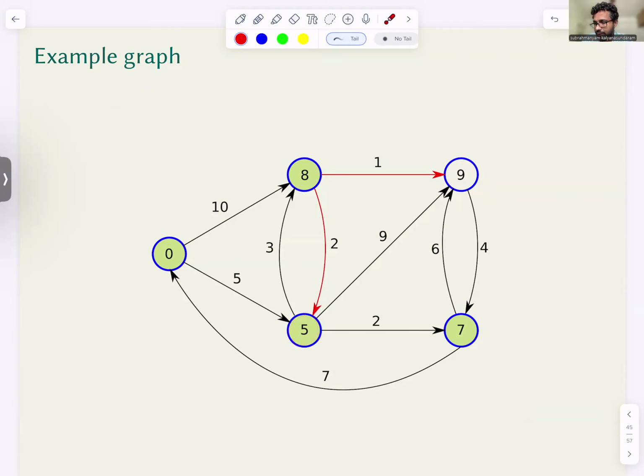That means that number has to be less than minus 2, so it necessarily has to be negative. So this cannot happen in Dijkstra's algorithm on a graph with non-negative weights. Only when you have negative weights can such things happen, and there we need an algorithm where such things are taken care of.